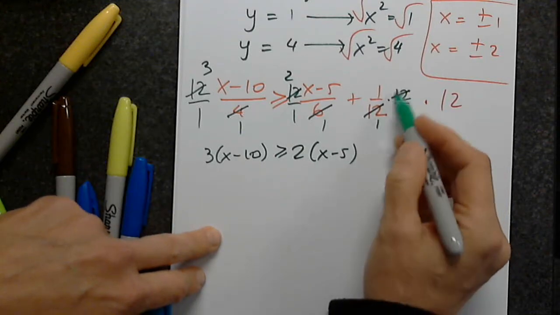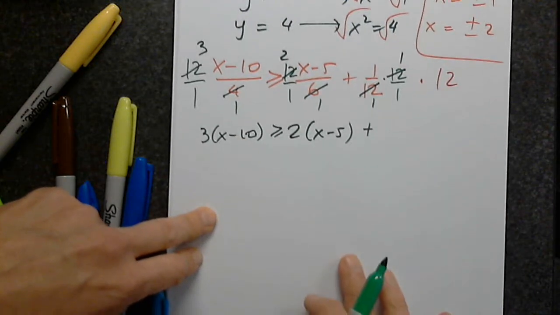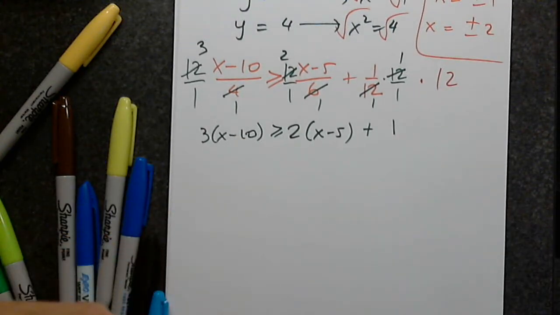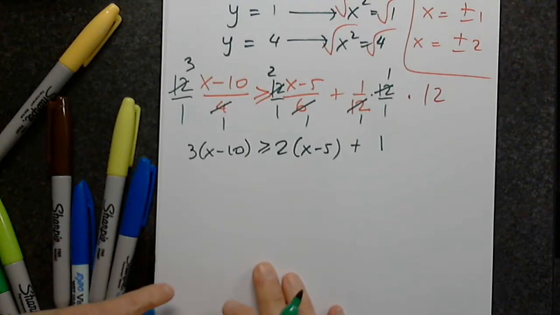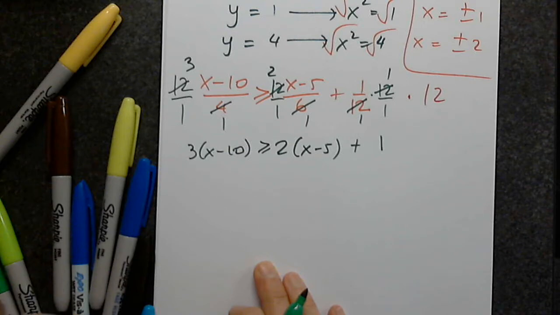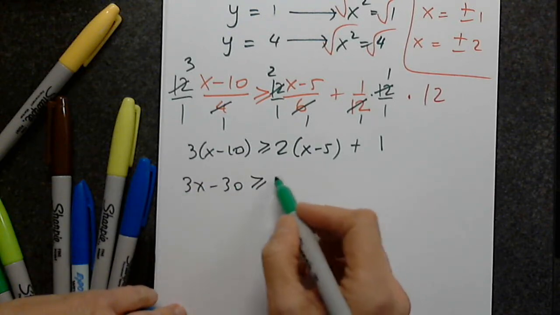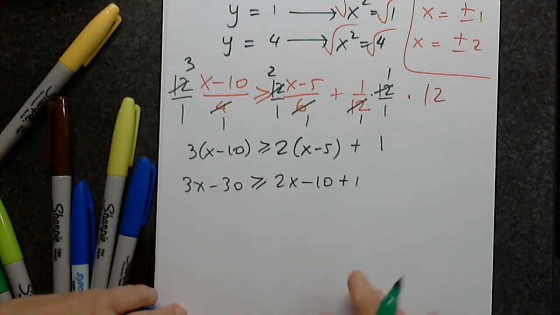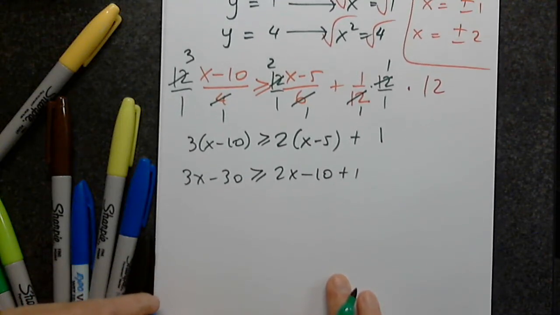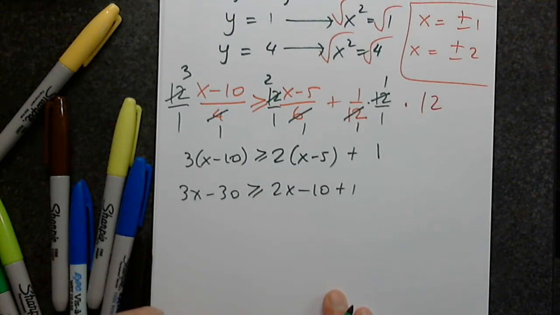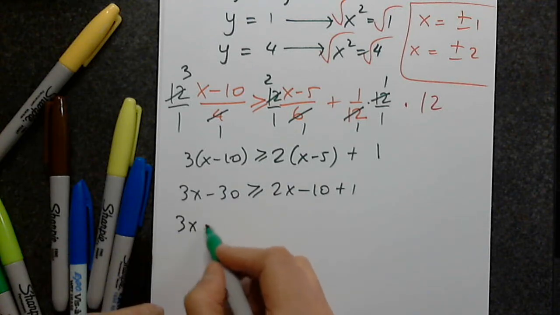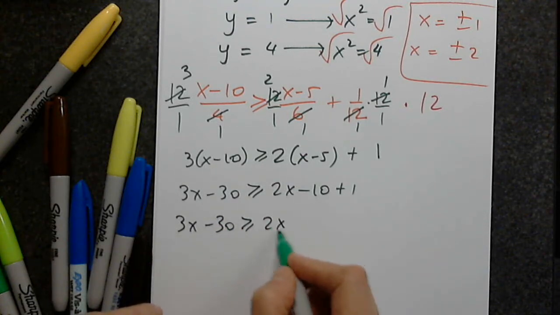And then I simplify by 12 and I have plus 1. Then I distribute. Is this okay? Yes? So then 3x minus 30 greater than or equal to 2x minus 10 plus 1. So this is 3x minus 30 greater than or equal to 2x minus 9.